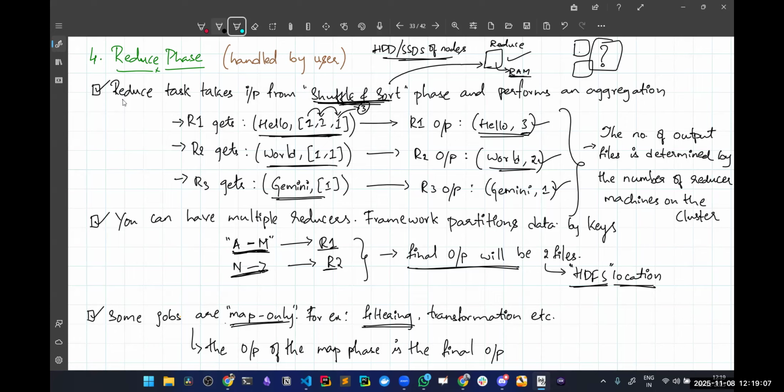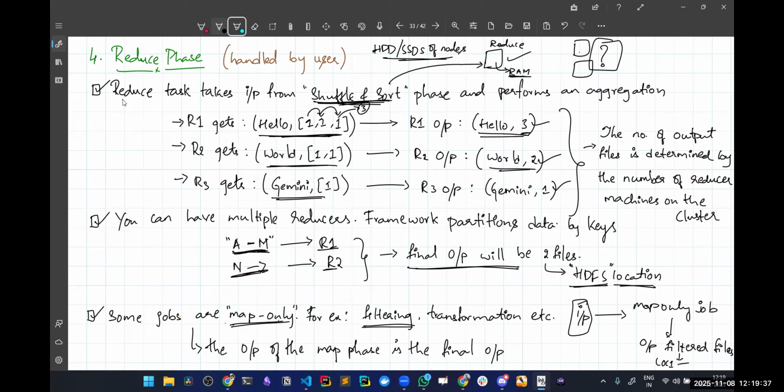So when we are reading from the input location, the map only job can read the input data and just output these filtered files to a different location.